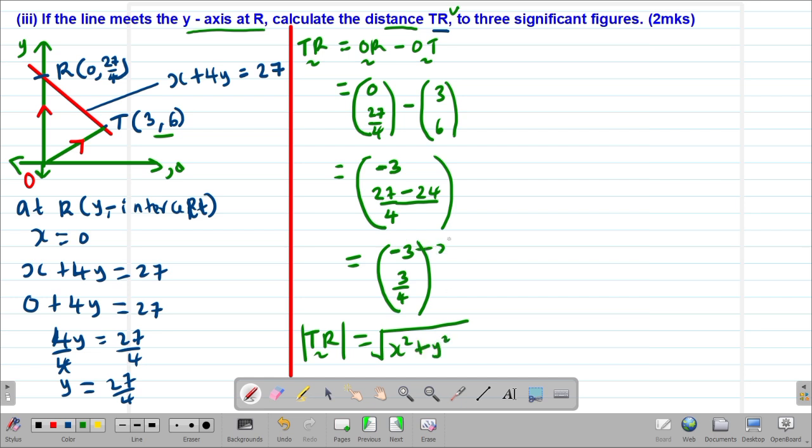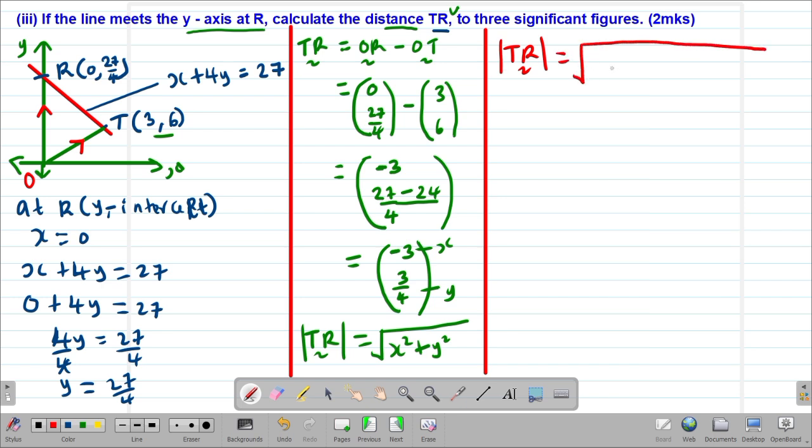So the magnitude of TR, or simply the length, will be given by negative 3 squared, plus the y coordinate squared, which is 3 over 4 squared. This should give me the length of the vector TR.